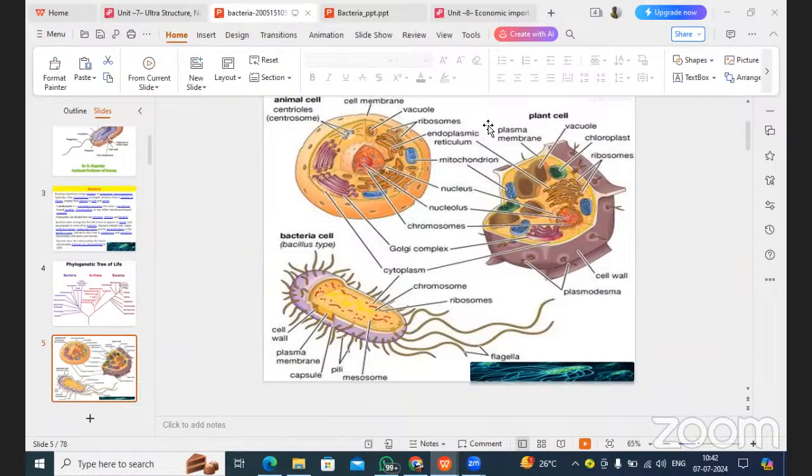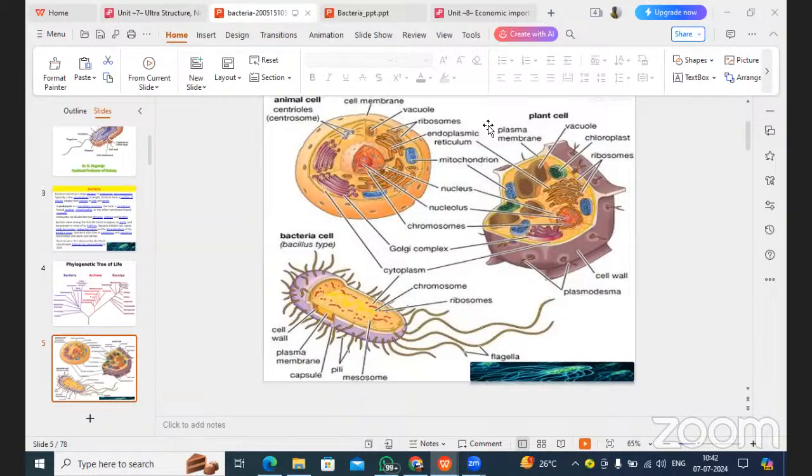Yeah. What we discussed yesterday is bacteria general characters, bacteria structure, difference between archaea (archaebacteria) and bacteria, and difference between prokaryotes and eukaryotes.